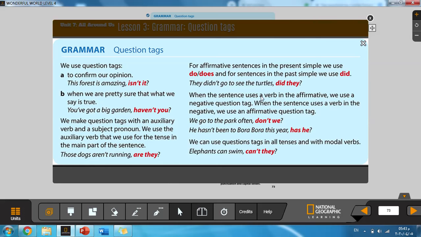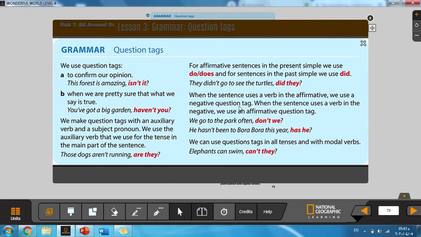When the sentence uses a verb in the affirmative, we use the negative question tag, the opposite. If we have a positive sentence, the question should be negative, and the opposite. If the sentence is negative, the question should be positive.